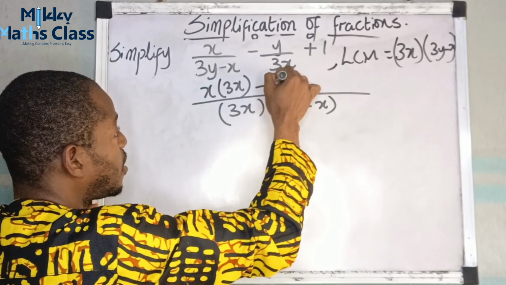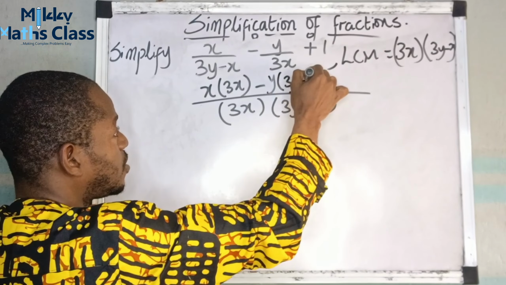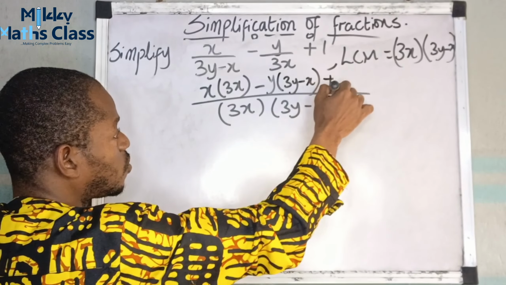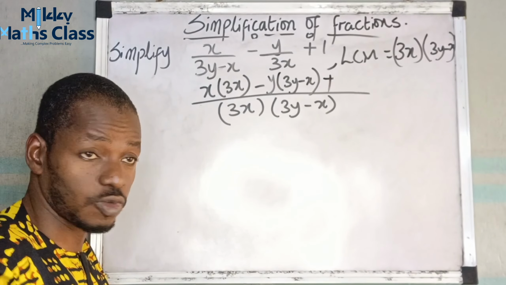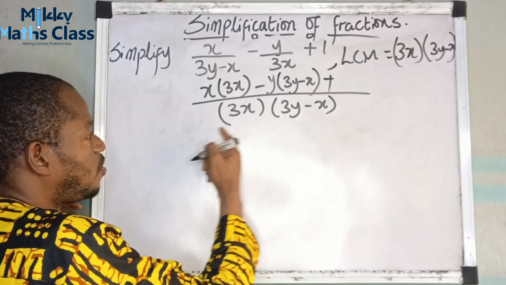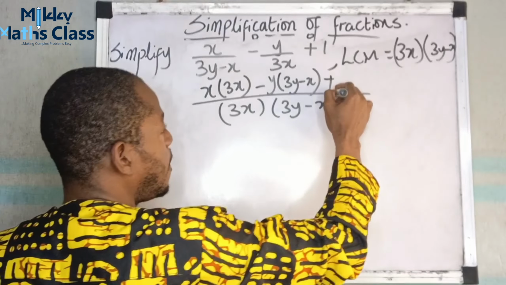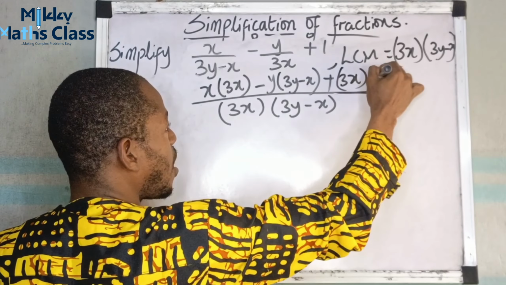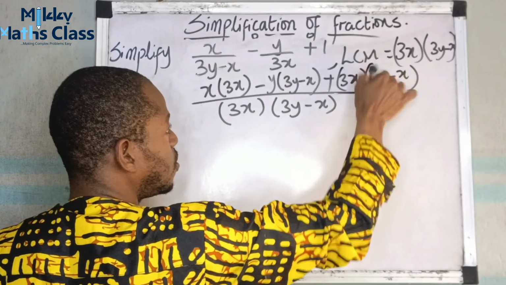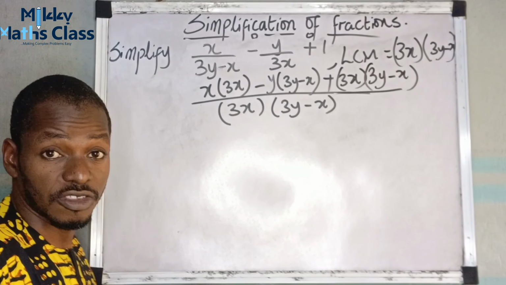So we have y into bracket 3y minus x, then plus, this is 1, this is like 1 over 1, the denominator there is 1. So 1 in this, we have 3x times 3y minus x. So let's expand the bracket.